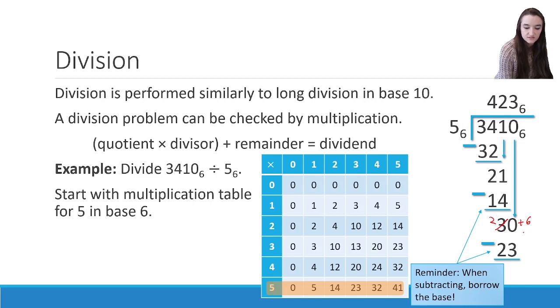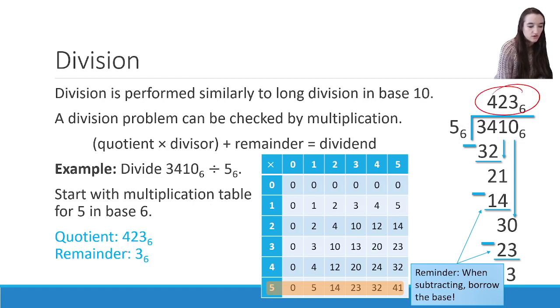So 6 minus 3 is 3, 2 minus 2 is 0, and so we are left with this remainder of 3. So we say our final answer has a quotient 423 with a remainder of 3.